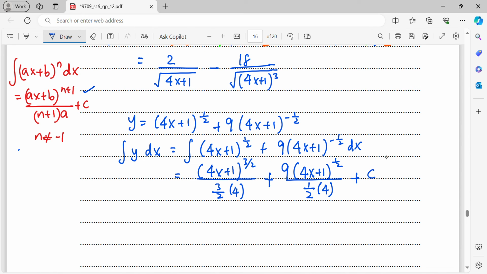After that, plus c. And now here, I will simplify. The 2, the half and the 4 becomes 2. Therefore, I will be getting (4x plus 1) to the power of 3 over 2, divided by 6, and plus 9 bracket (4x plus 1) to the power of half divided by 2, followed by plus c. So that is my integration.